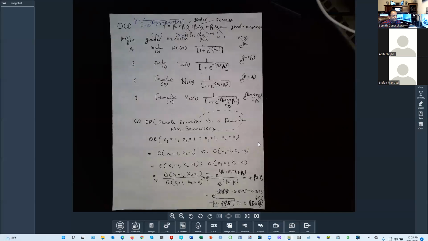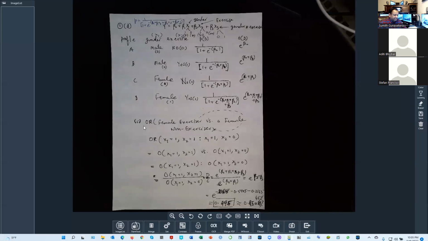I wrote this one, X1 = 1, X2 = 1, and X1 to X2. For that ratio, female exercise, based on that one, you're going to write with the aid of these profiles. So what is this OR? If you write it in the profiles, it should be female exercisers to female non-exercisers.